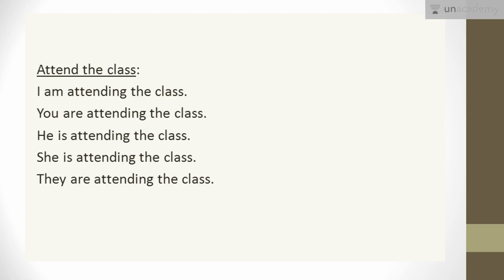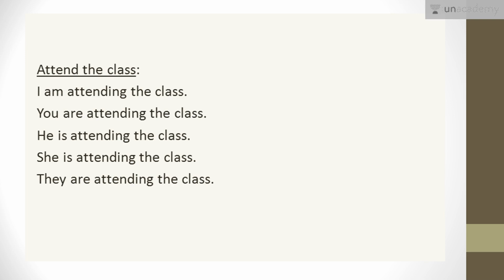The first action which we are having is attend the class. Now see, you can just have a look, attend the class. This is such an action which we actually use every day. All the students are going to school, we attend the classes every day, we bunk the classes sometimes.